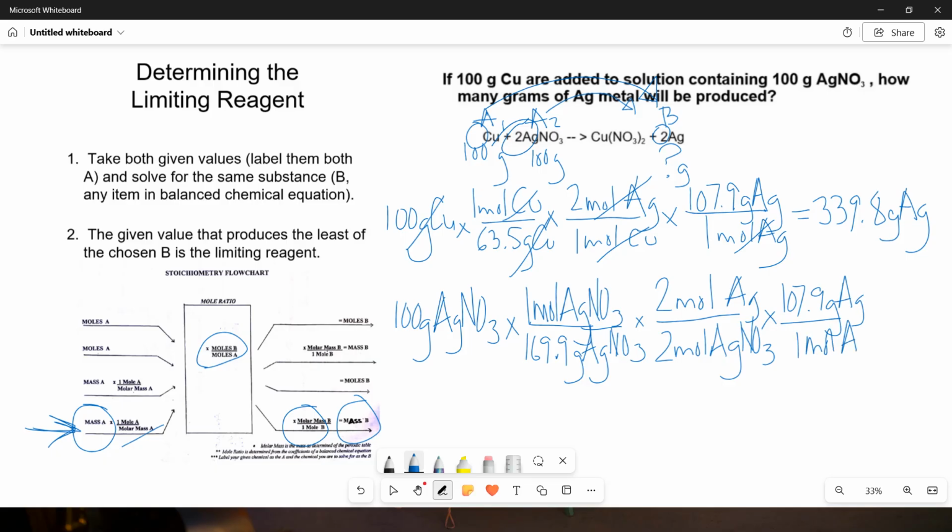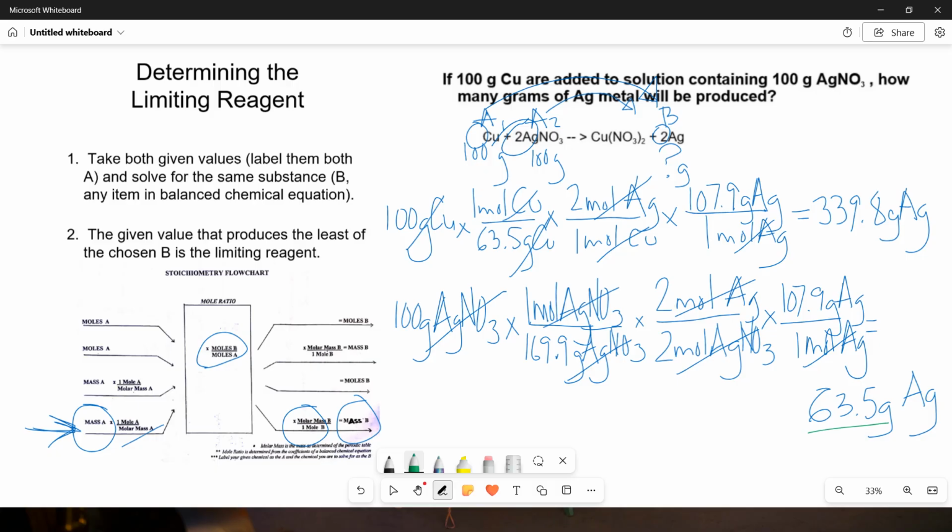Again, I know this is set up properly because grams of silver nitrate cross out with grams of silver nitrate, moles and moles. And then our answer for the second line is 63.5 grams of silver.